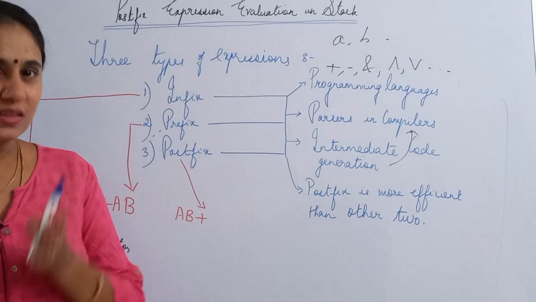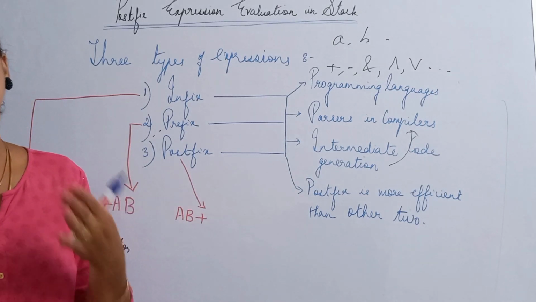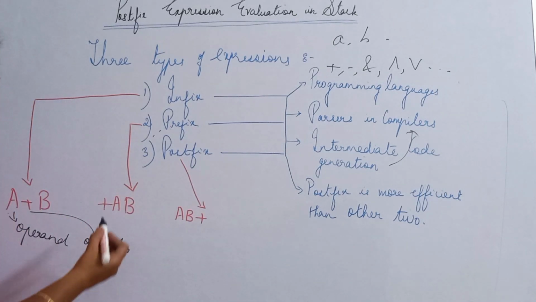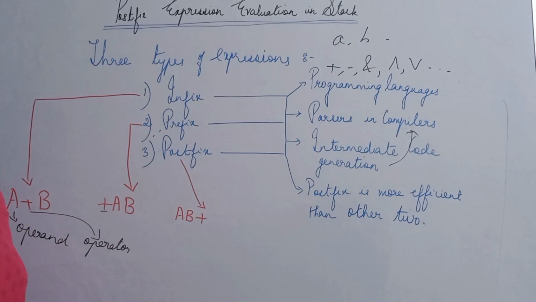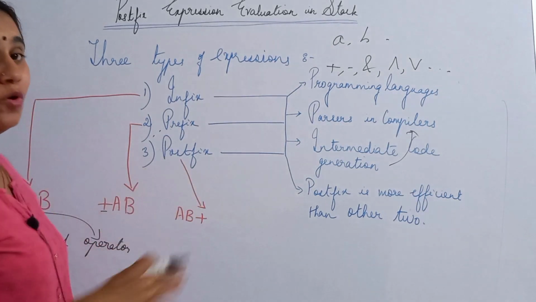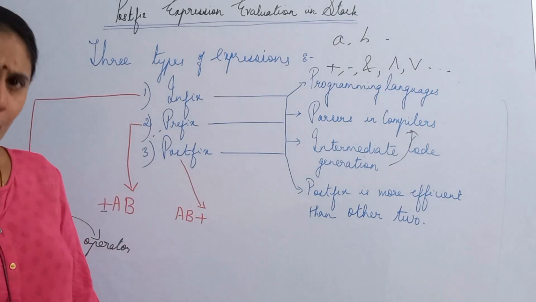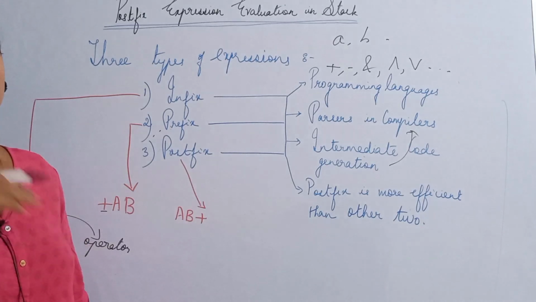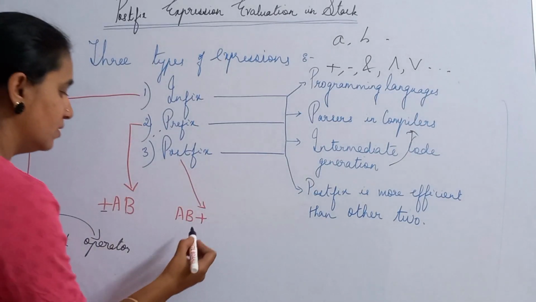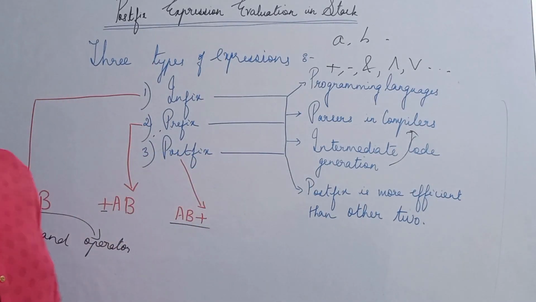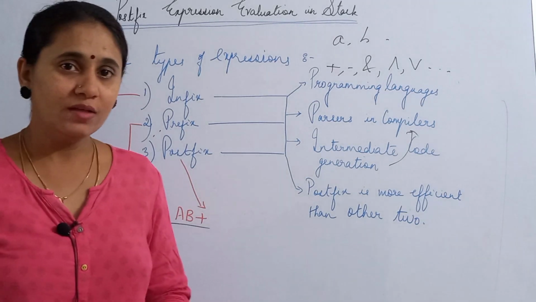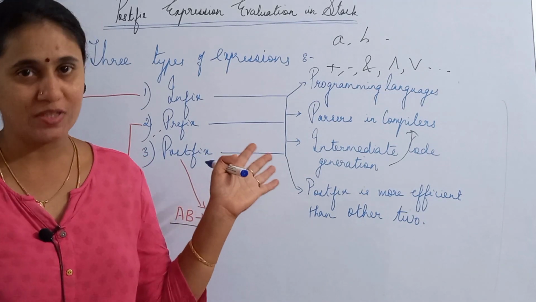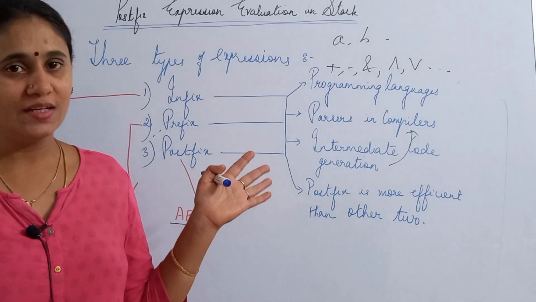That's all. Nothing to remember, so many concepts. Operators will come in front of the operands. So what is called postfix? The operator is going to come at the last, after the operands.